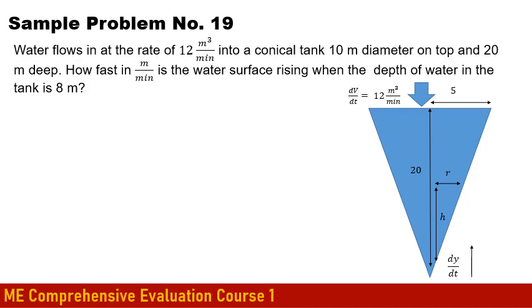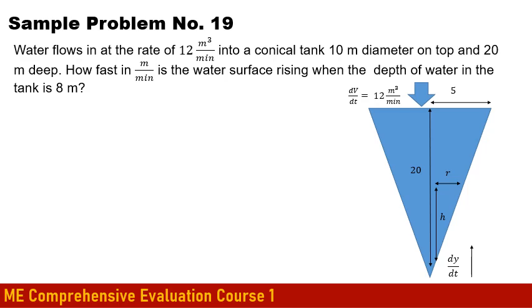So that's the dV/dt, the volume of the water in the tank changing with respect to time, and the value is 12 meter cube per minute. You can see that the meter cube is a volume and the minute is a time. So the dV/dt is 12 meter cube per minute entering into this conical tank.